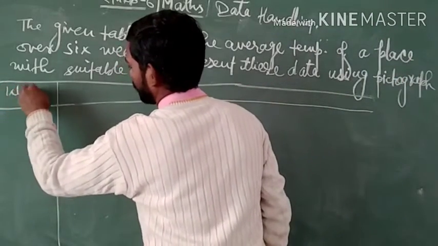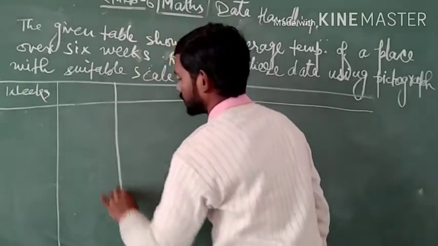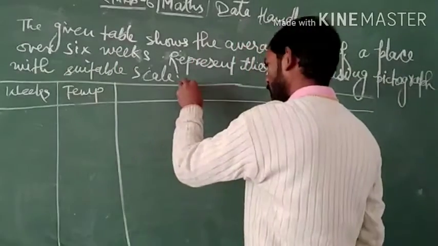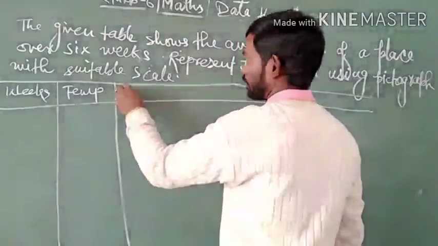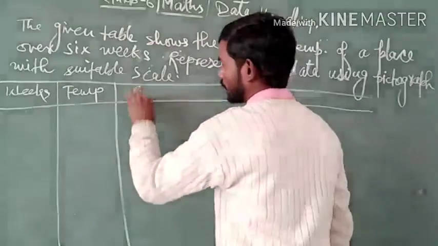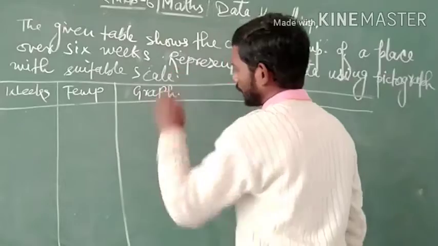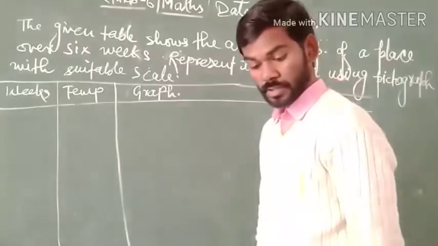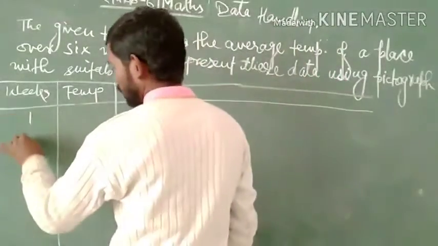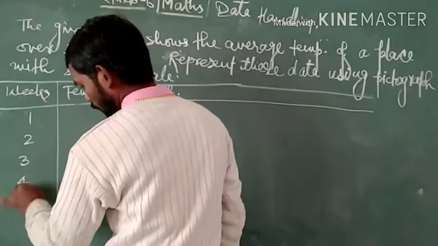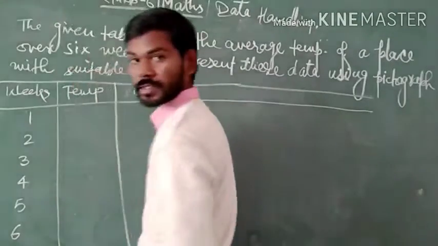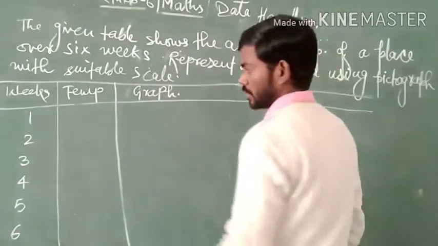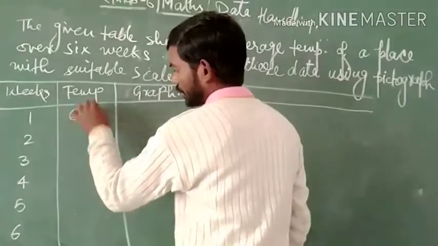This column represents weeks and this column represents temperature, and here we shall represent the pictograph. I am not writing the table as a question, I am just writing here. So the first week, second, third, fourth, fifth, and sixth. There are total 6 weeks, and the temperatures are: in the first week is 6 degrees centigrade.